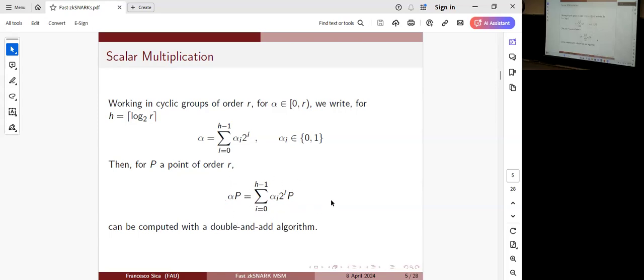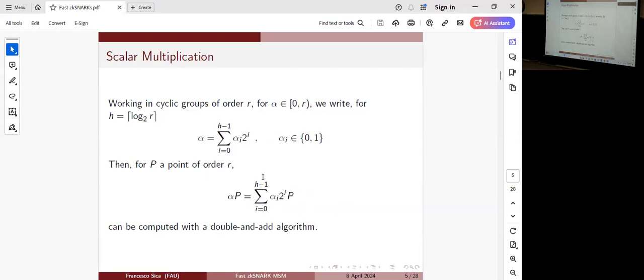It's double and add, which is the additive version of square and multiply. So that's what we do.